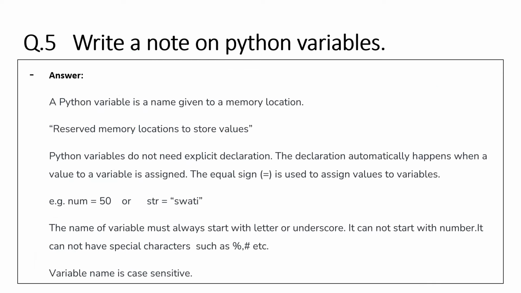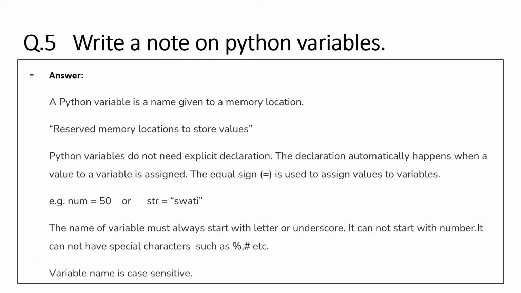Now the next question is: write a note on Python variables. A Python variable is a name given to a memory location. We can say that Python variables are the reserved memory locations to store the values. Python variables do not need any explicit declaration.